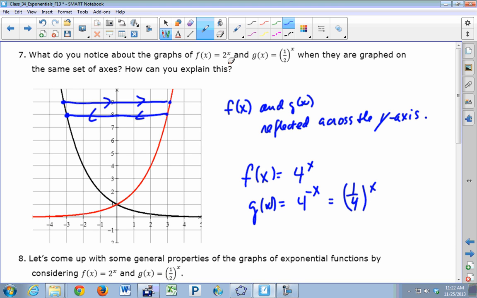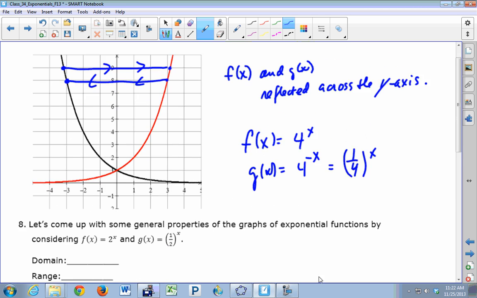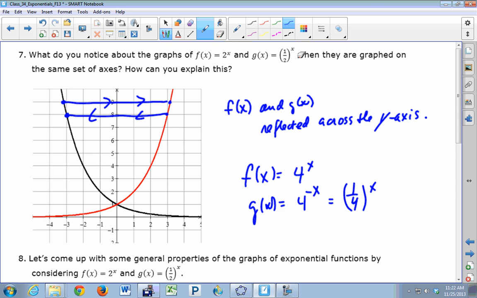So that's the relationship between the functions that have a natural number here, like 2, 3, 4, 5, and then you take its reciprocal. They're just reflected over the y-axis. And one is growth, one is decay.